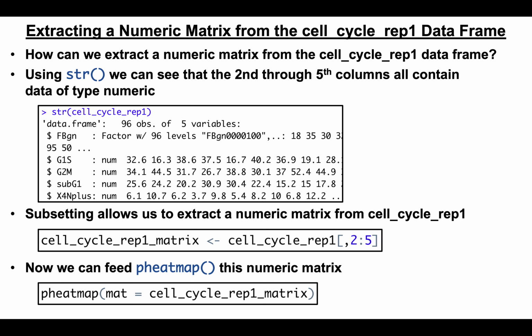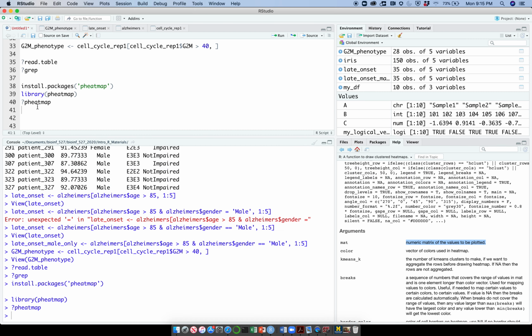And so how can we create a matrix that we want to get plotted with pheatmap? We're going to be trying to make a heat map from our cell cycle rep1 data. And so how can we create a matrix from that? So let's go and take a look. And here's a new function that's pretty useful. It's called str, which is short for structure.